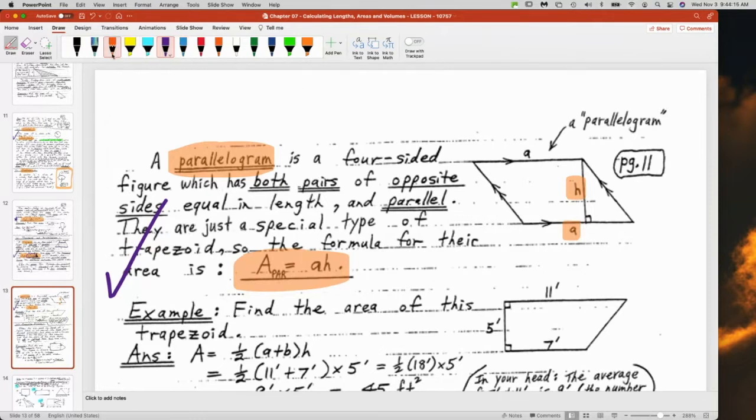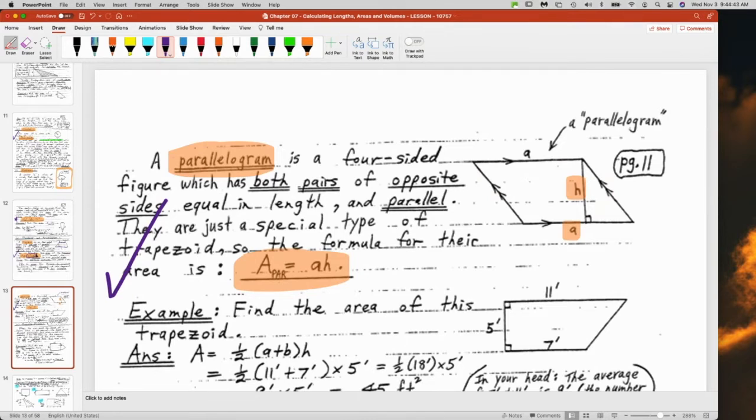If you're not sure how that becomes a rectangle, I can show you right now. If you take this shape right here and you put it over here, like you just transplant it, then you turn it into a rectangle. So that's why the parallelogram formula is so elegant. Base times height.